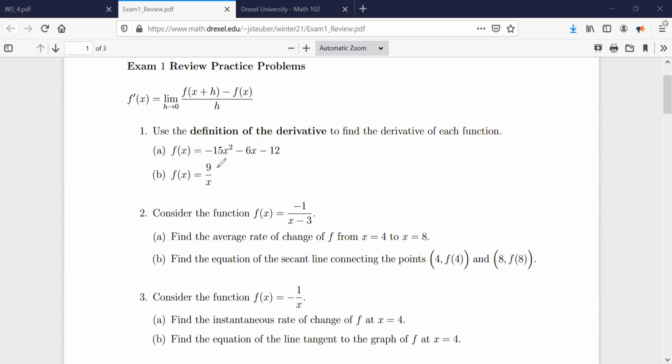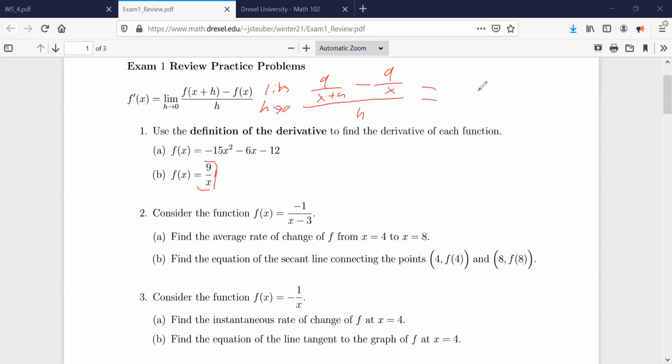So now I'm just going to do the same thing for this guy, and it'll be a little bit more complicated, but not too bad either. So that becomes 9 over x plus h, right? Because that's just what f of x plus h is, minus 9 over x, and that's all over h.